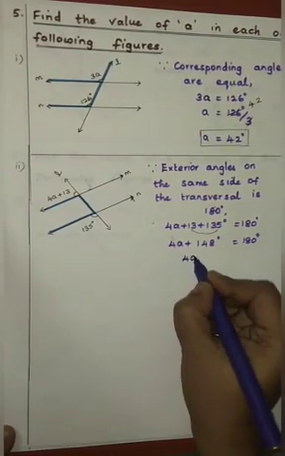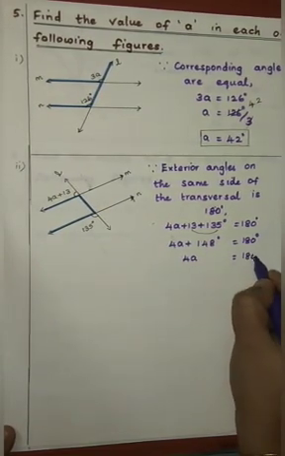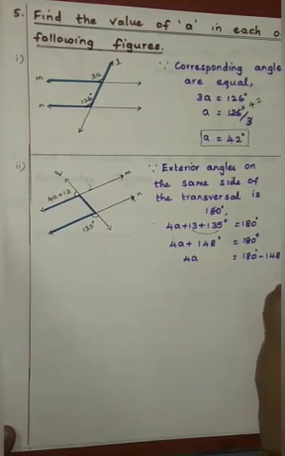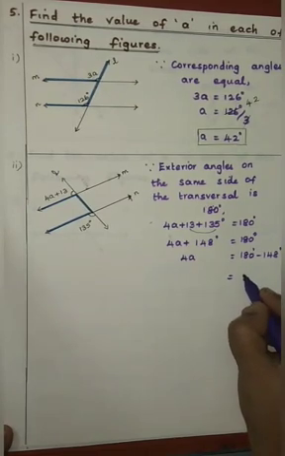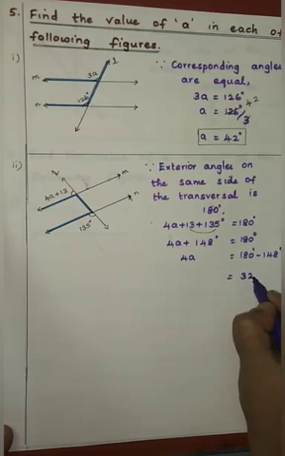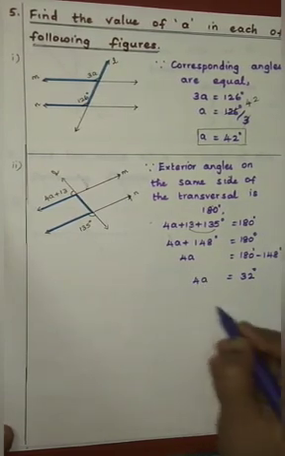Now leave this 4A here and take this 148 to the other side. Since it is added, it has to be subtracted here. So when you subtract, what will you get? 32 degrees. So 4A is equal to 32 degrees.